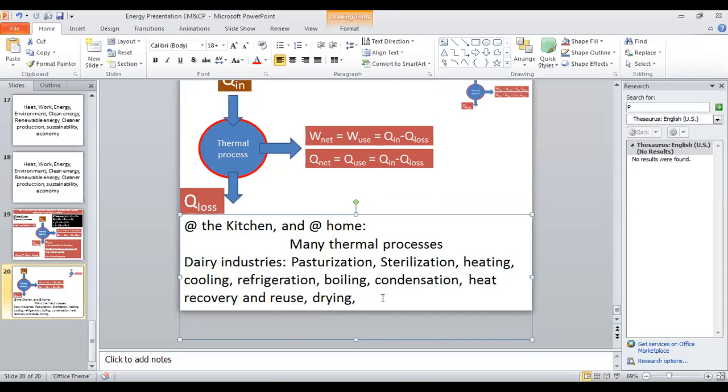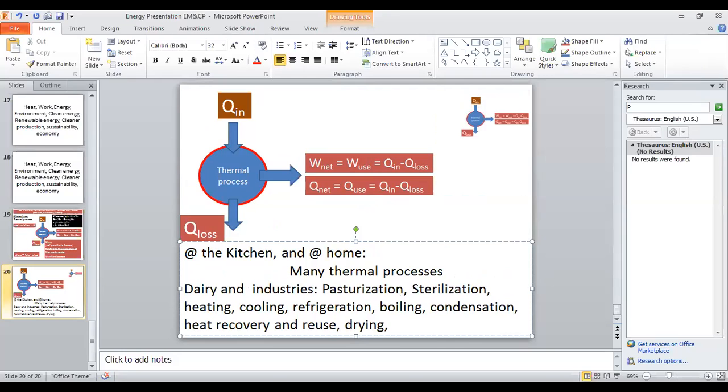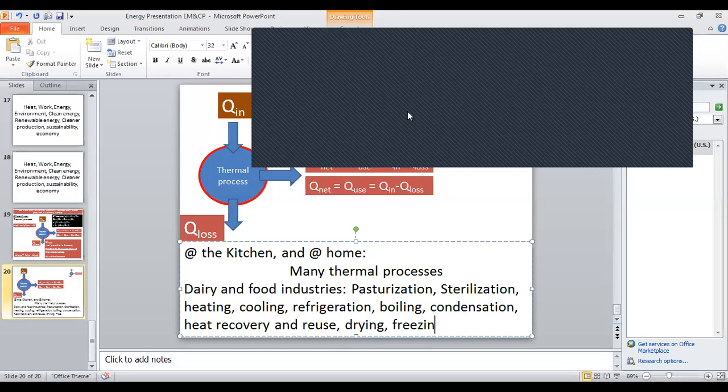Dairy industries, all thermal. You have the ice cream also under dairy, freezing. There are many freezing applications.